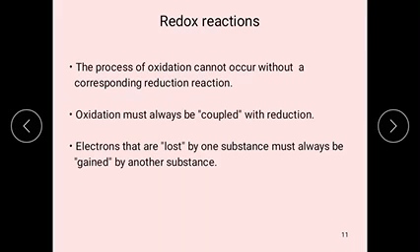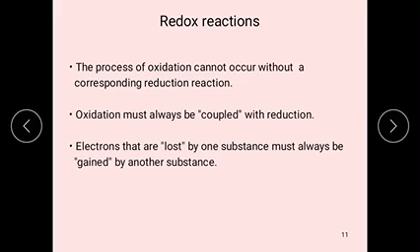Okay, in redox reactions, the electrons that are lost by an atom or substance must be gained by another substance.